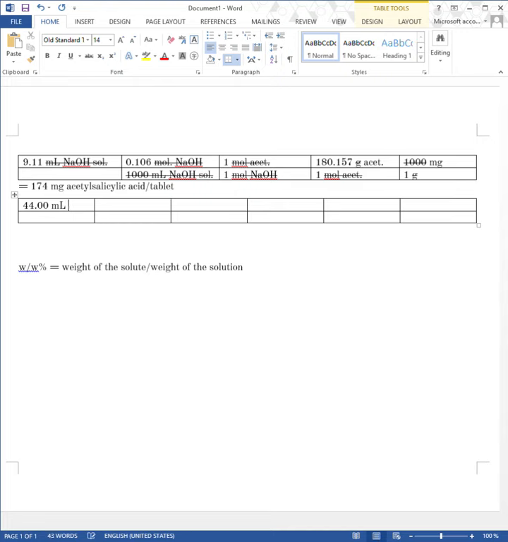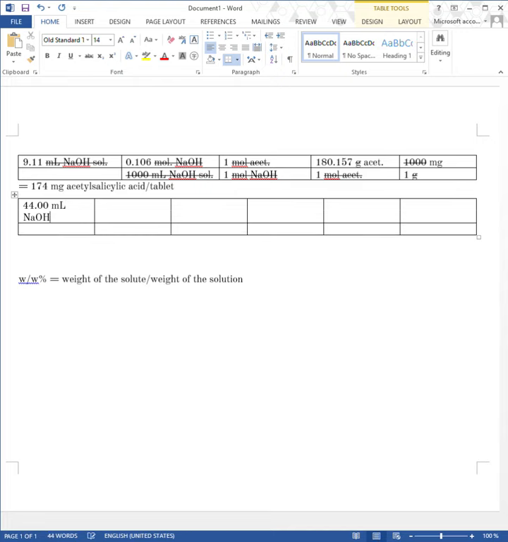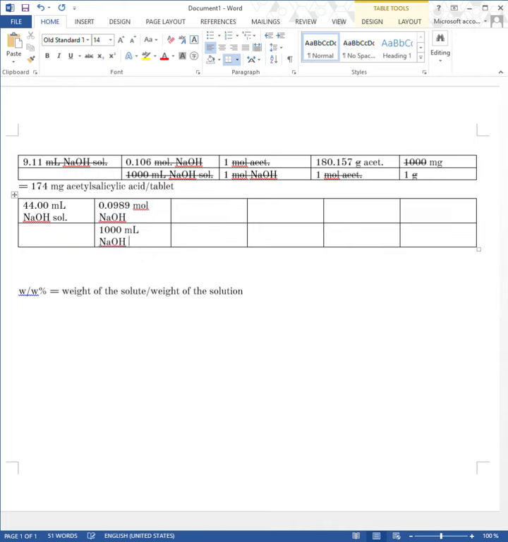44.00 milliliters sodium hydroxide solution. And then we have 0.0989 moles of sodium hydroxide over 1,000 milliliters sodium hydroxide solution.